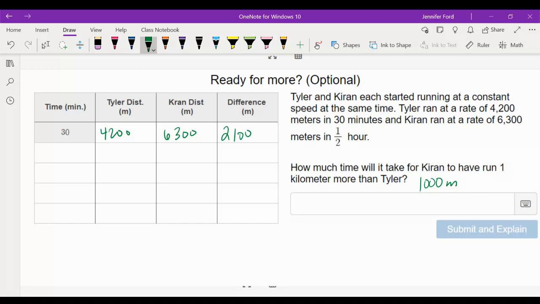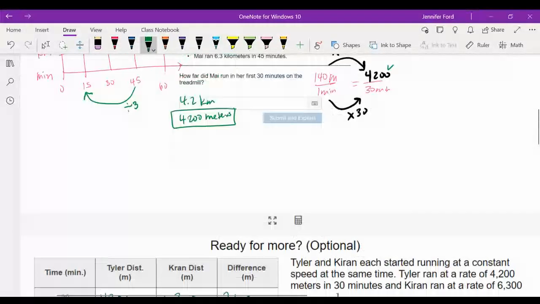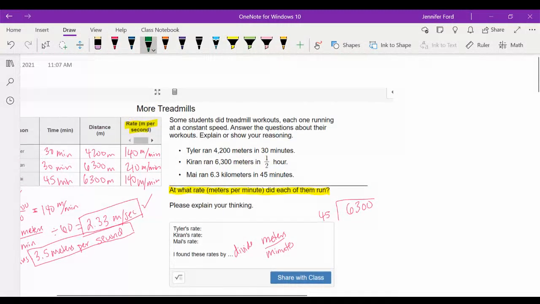I'm wondering if I want to go half and half and half and half, or... I think what I'll do is I'll do 1 minute and then I'll scale up from there. And I have those answers from earlier. So I know that Tyler did 140 meters per minute and Kieran did 210 meters per minute.